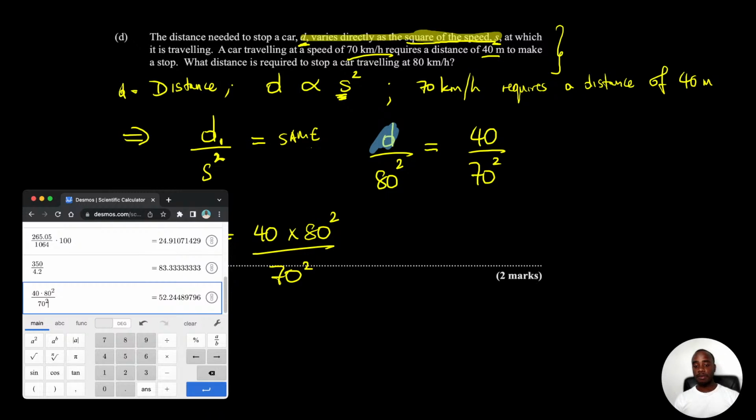Let's call it 52.25, because the 4 would be rounded up to 5, so 52.25. So the distance required to stop would be 52.25 kilometers.